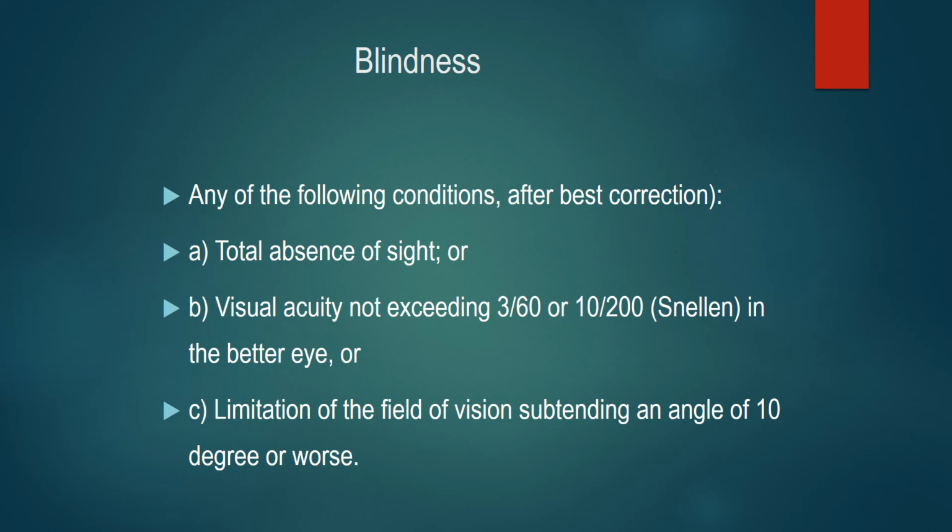And later we will discuss what the field of vision is. There are three conditions: total absence of sight, blind; visual acuity not exceeding 3 by 60 meter, blind; and the third one, field of vision less than 10 degree, then the person will be blind. If any one is found in any person, then that person will be blind.